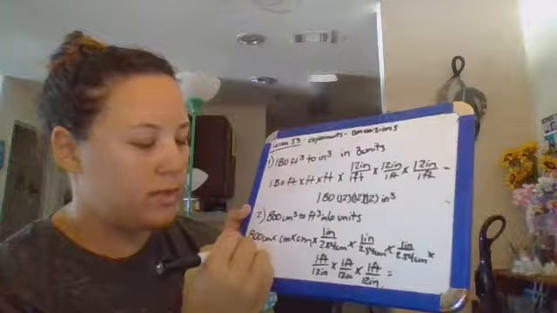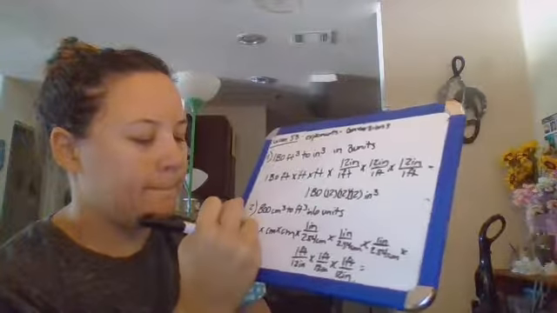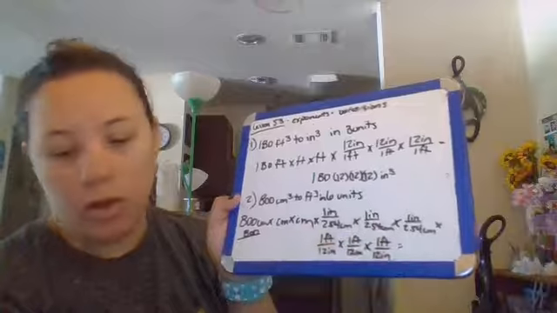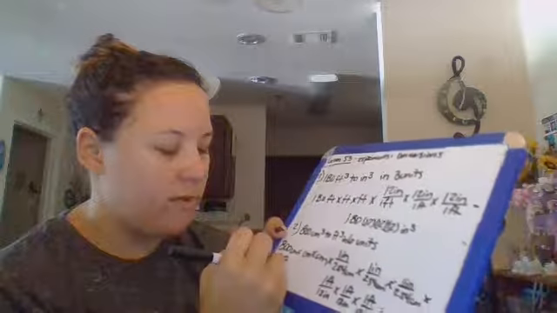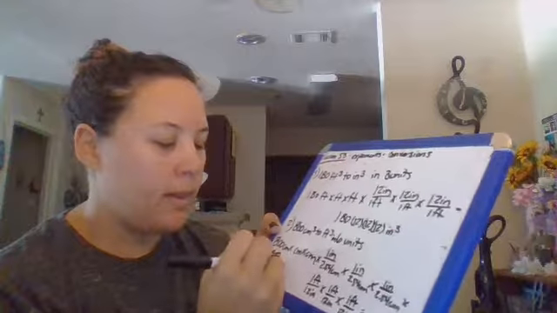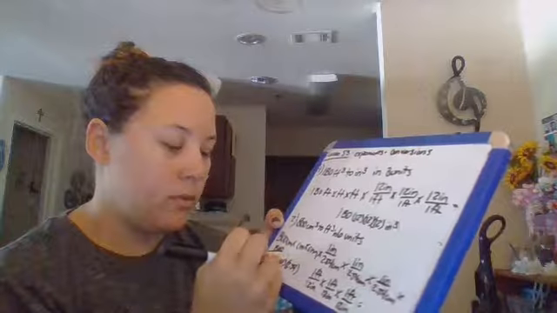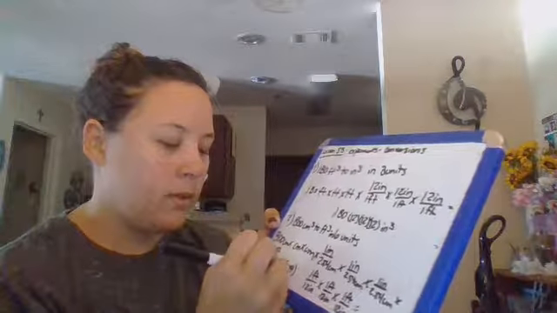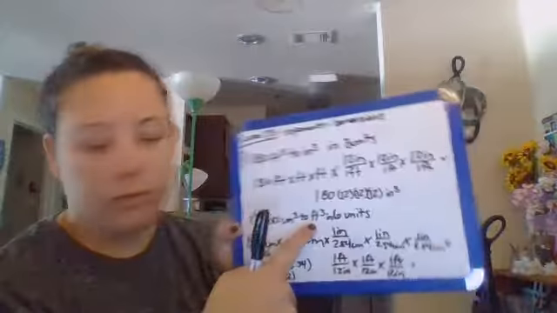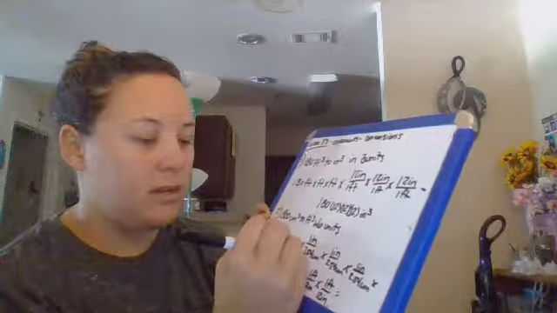I'm going to write it over here because I have no room over there. Over all of that, it would be 2.54 times 2.54 times 2.54 times 12 times 12 times 12. And it's asking for feet cubed, so that would all be feet cubed.